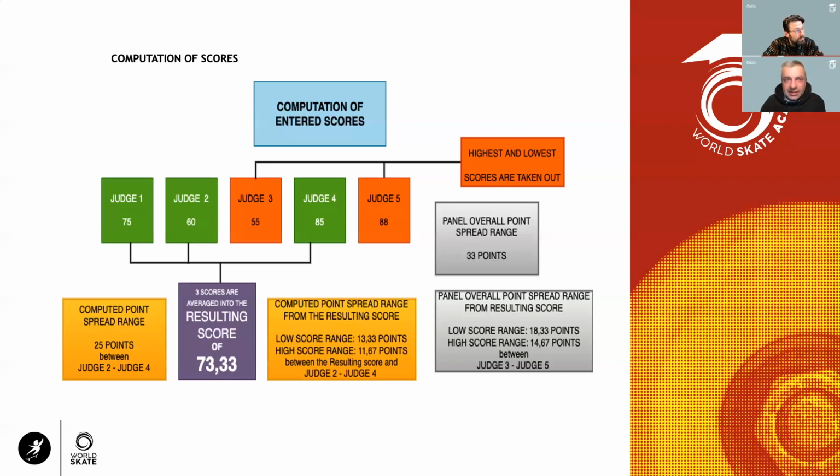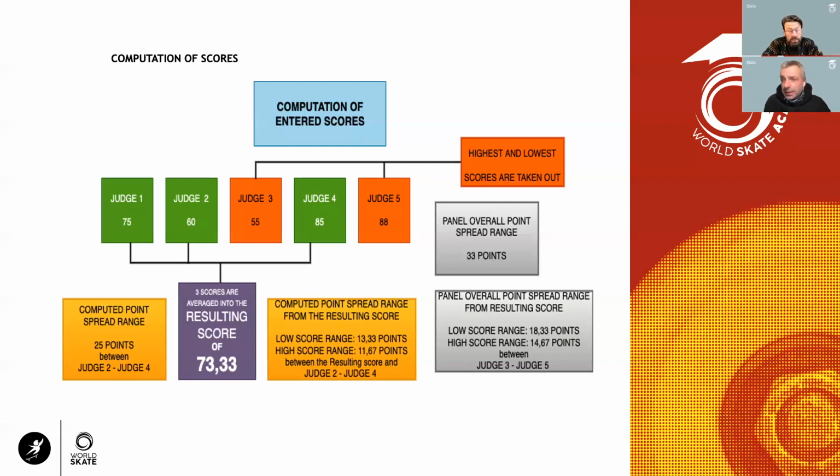And I think that's also why we have a number of judges, because that helps us to have these 3 judges in the middle that will give an average that is correct and corresponds to the actual level of the competitor. And it kind of narrows down the opinions or the potential mistakes if someone missed something.